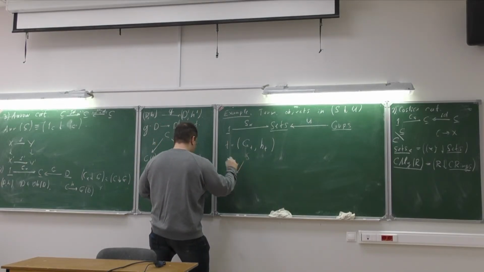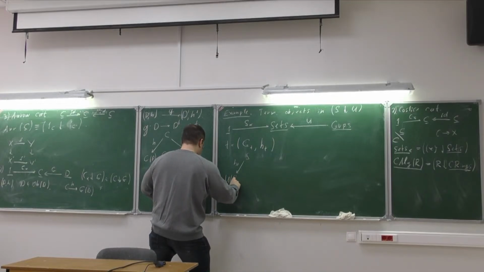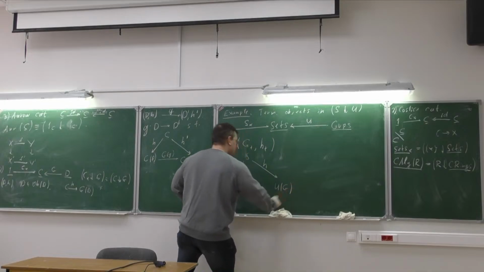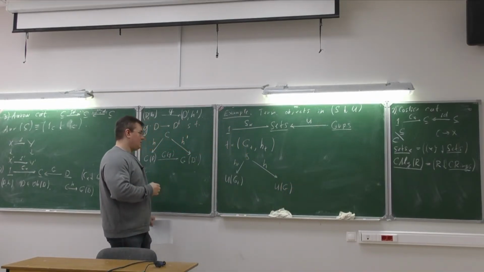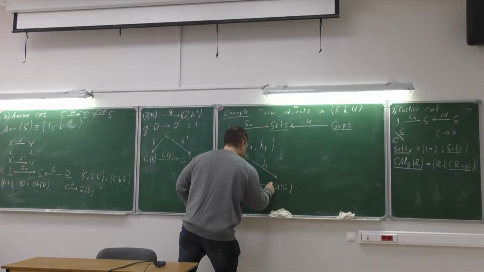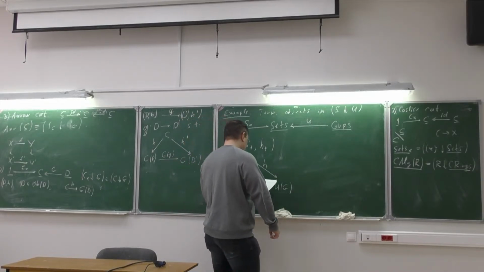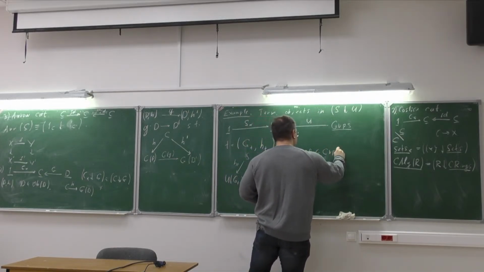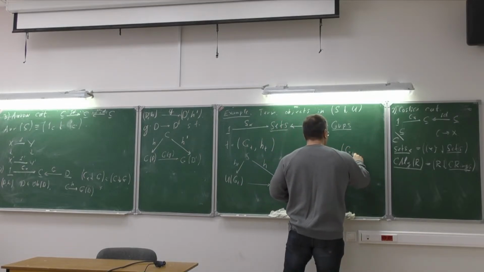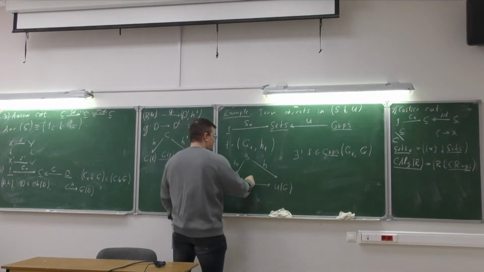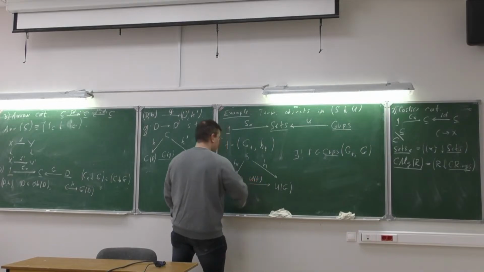There is a map H sub T to the U of G sub T, and say there is some other map to the U of G. Then I can say that there is a unique map F, as a map of groups, from G sub T to G, so then I can write here U of F.